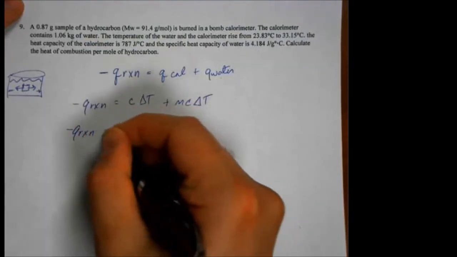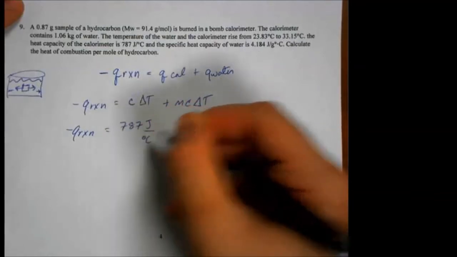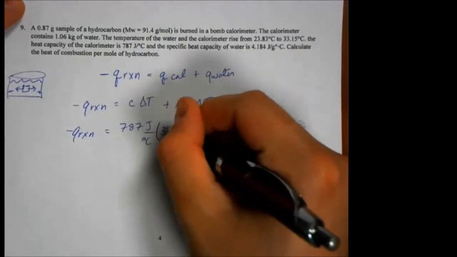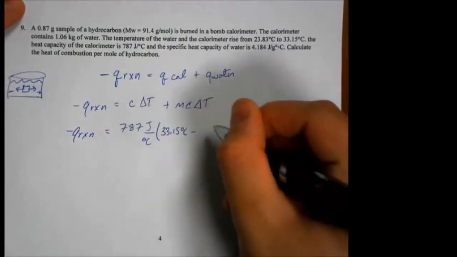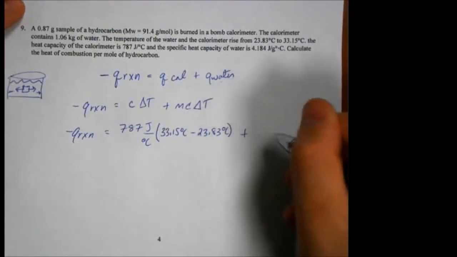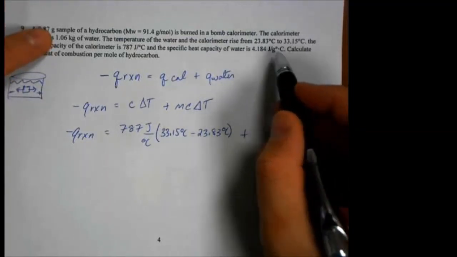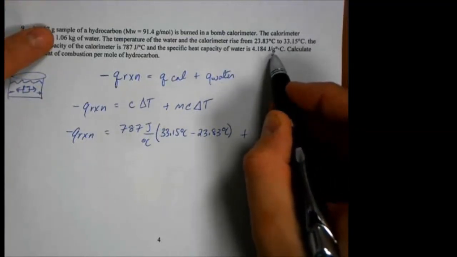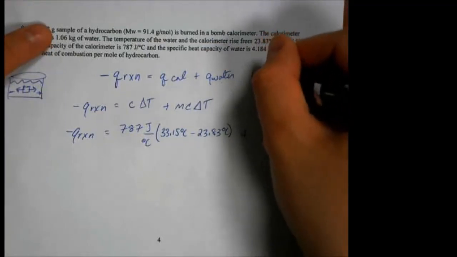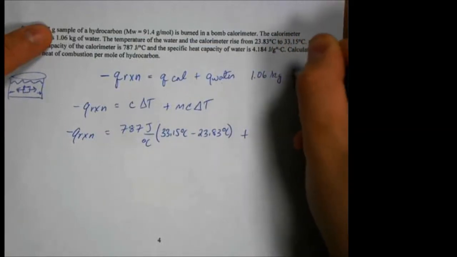So now we can start plugging some things in. For the calorimeter, the C here is going to be 787 joules per degree Celsius. The delta T is going to be 33.15 degrees Celsius minus 23.83 degrees Celsius. Okay, and we're going to add to this the mass of the water. Now we have to make sure that units match. This is 1.06 kilograms, and this is grams. So I'm going to convert 1.06 kilograms, and I know that for every 1 kilogram there are 1,000 grams.